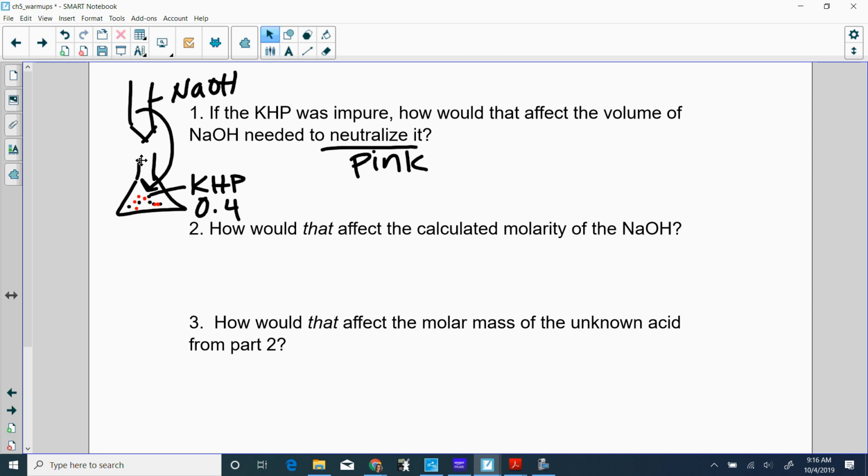Talk about that. I'm recording because I'm gone the rest of the day, so I can't play music. So you're just going to have to pretend there's music and still talk. Talk about that with somebody. Higher or lower volume of NaOH to neutralize it.